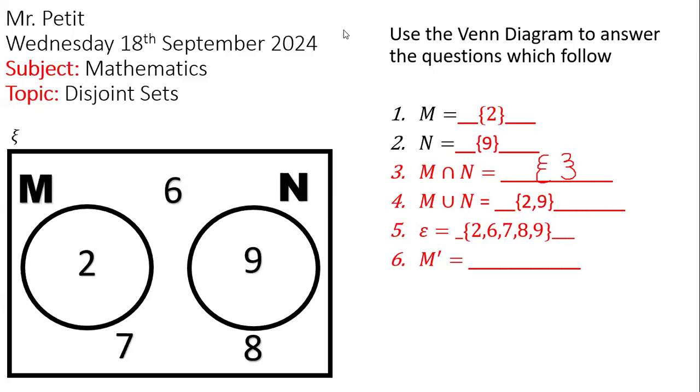Otherwise, you'd get it. Ajani, we don't want the universal set. Ajani is right. Jaden is right. Shakira, what did you put?